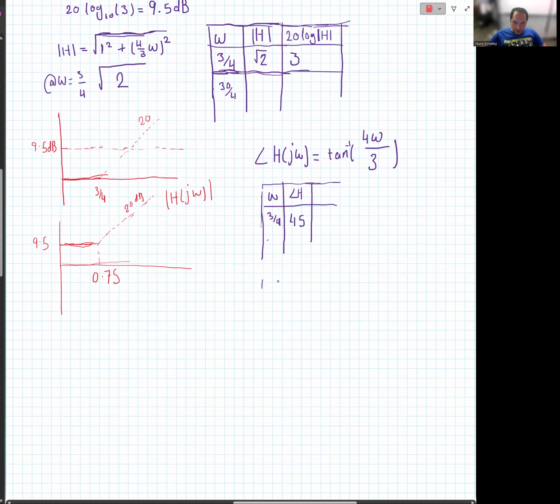So the phase plot will become something like this: it starts with 0, so let's make this point 45 degrees, and this is 45, 0 degree and 90 degree.